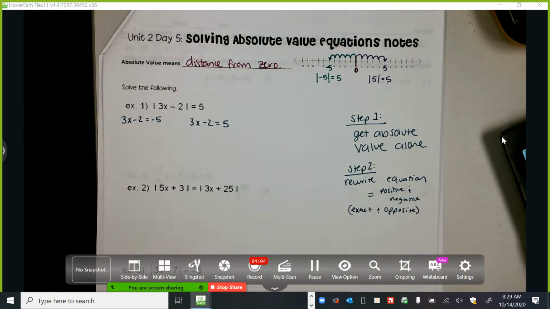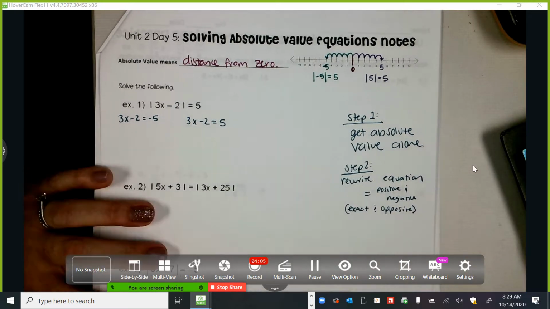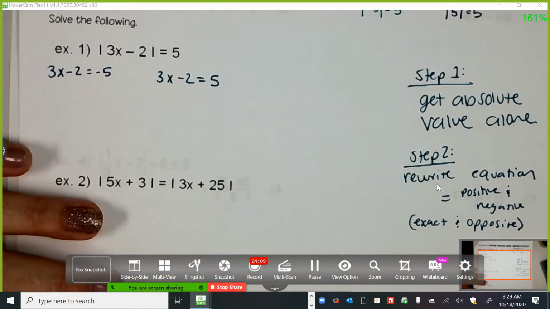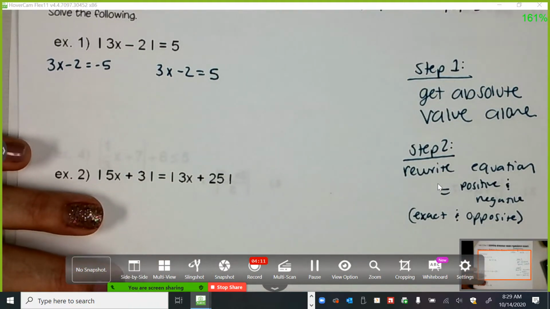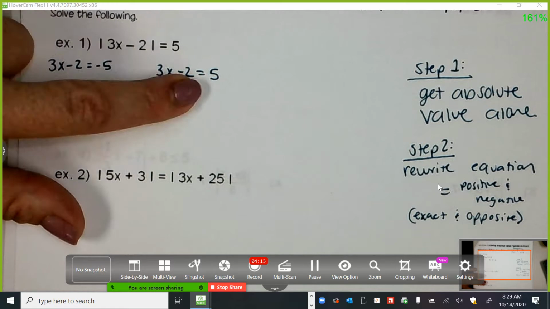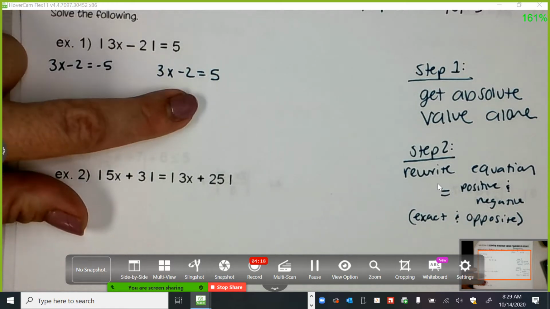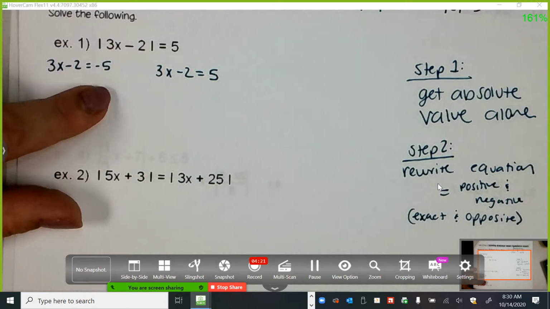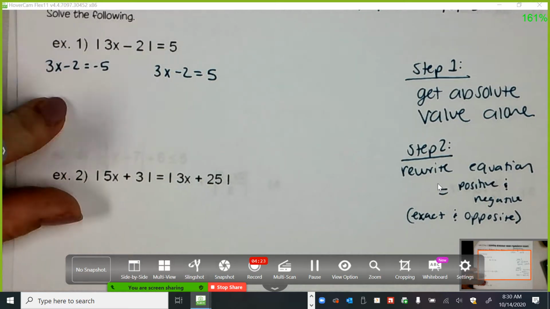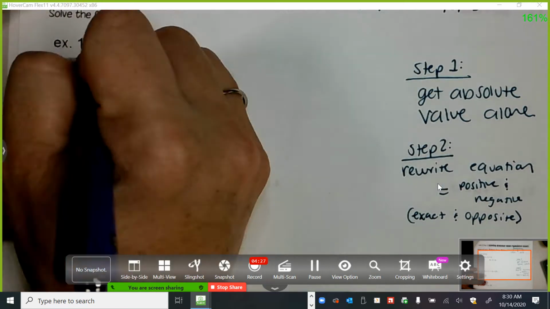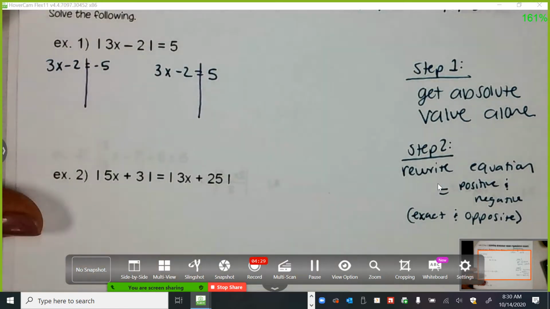Only after the equal sign changes. It says exact and opposite. Sorry, I was so zoomed out. I did it in a weird order. I usually write the positive first, the exact. Isn't that exact just without the absolute value bars? And this is the opposite after the equal sign, without the absolute value bars. Then we solve both of them. And then you're done. That's it.